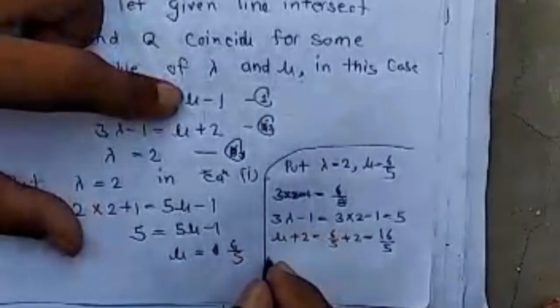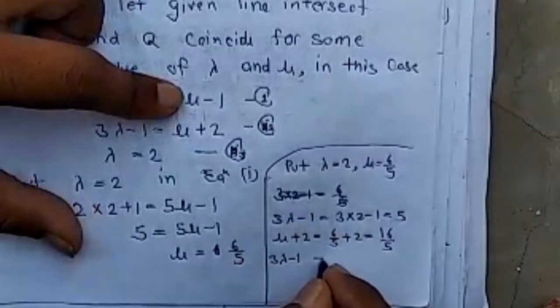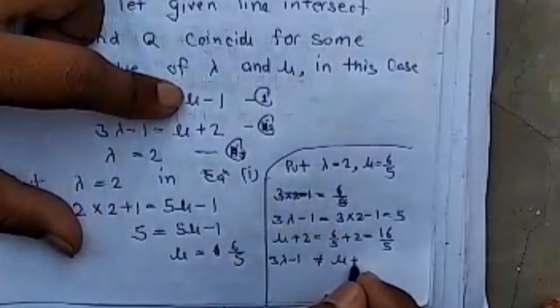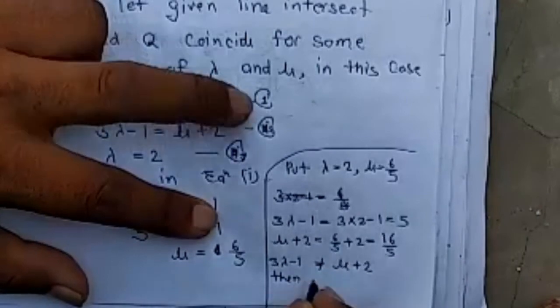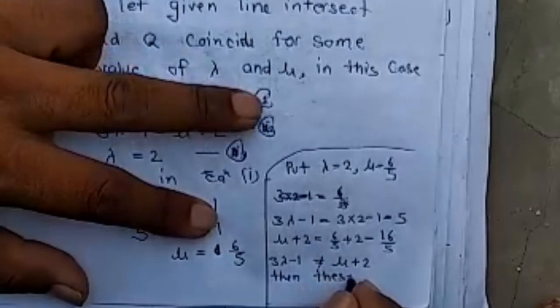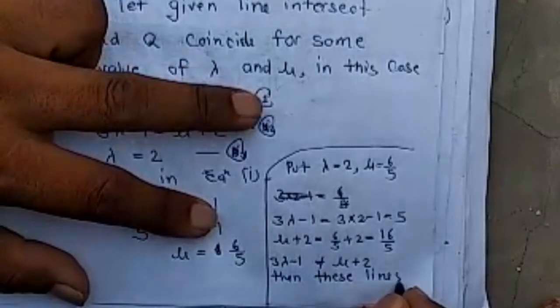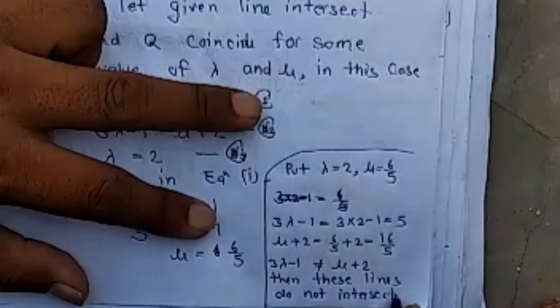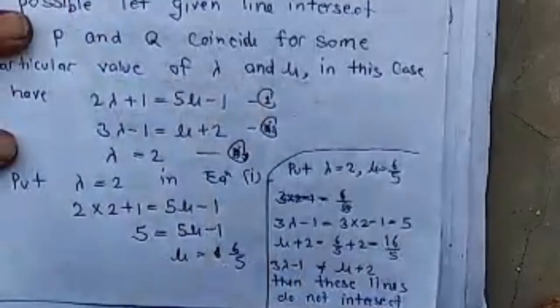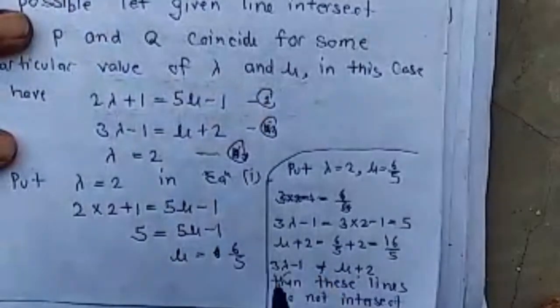We get 3 lambda minus 1 is not equal to mu plus 2. Then these lines do not intersect. If these two terms were equal, then these lines would intersect.